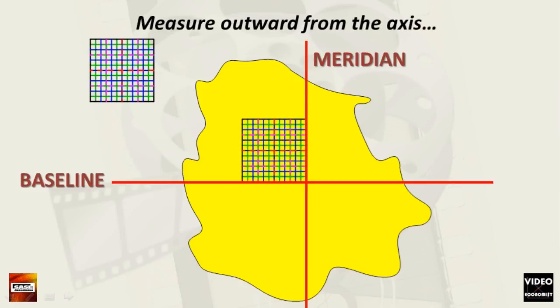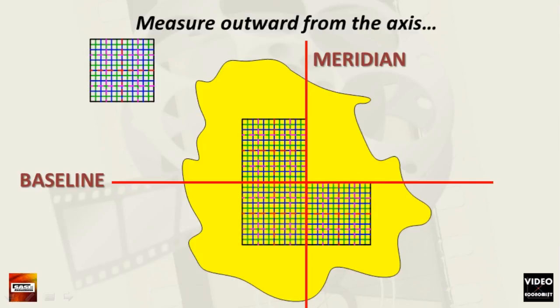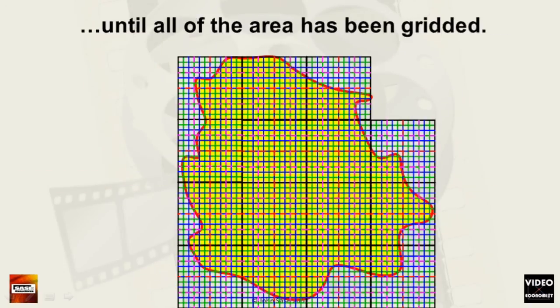So we measure the island, and we're going to have measurements down to quarter miles. If we measure the entire island, we've created the entire area, we want to determine how many square miles are in the yellow island that is bordered by the red boundary line.